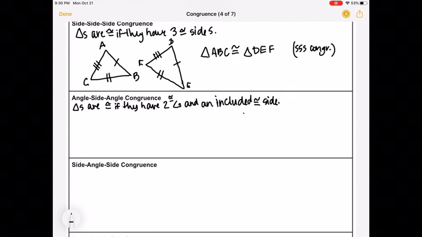And just to reiterate, I think this was stated earlier, an included side is the side between the two angles. And I'll show you what I mean here in a second.